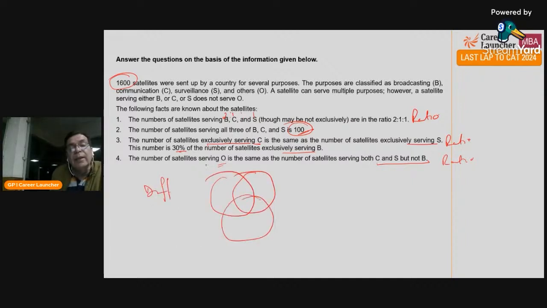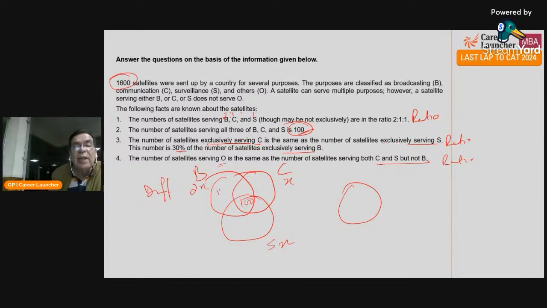So if I just look at this, this is B, this is C, this is S, and this is O. This number is 100. It says this is 2x, this is x, and this is x. Ratio given. Secondly, the number of satellites exclusively serving C is the same as the number exclusively serving S. This number is 30% of the number.